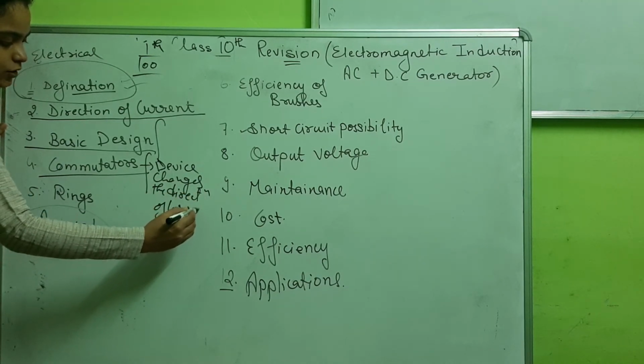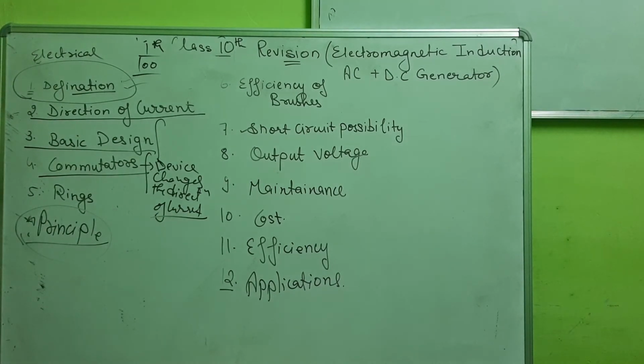So there is no commutator in AC generator, but there is a commutator in DC generator, and the basic design consists of your armature and your slip rings. There are slip rings in AC and there is a split ring in DC. That you can also mention in the basic design. There is a galvanometer in both cases. This is the point for the basic design, and the commutator: AC is not having a commutator and DC is having the commutator, right?